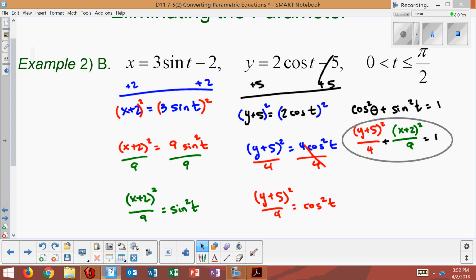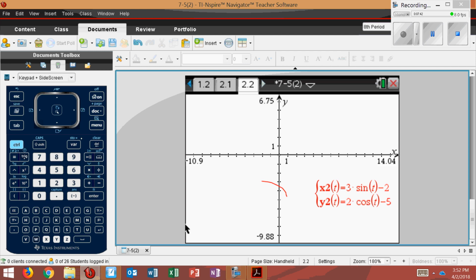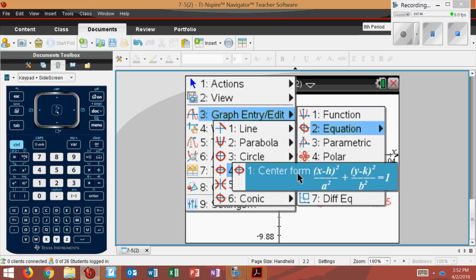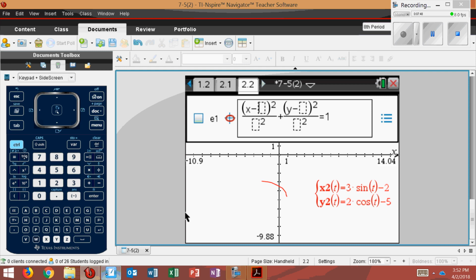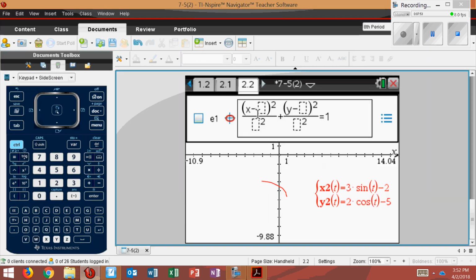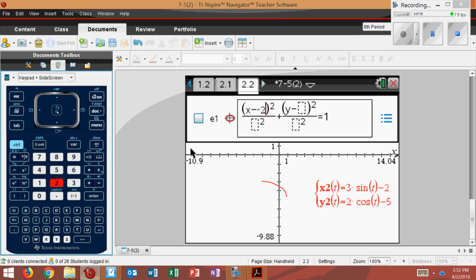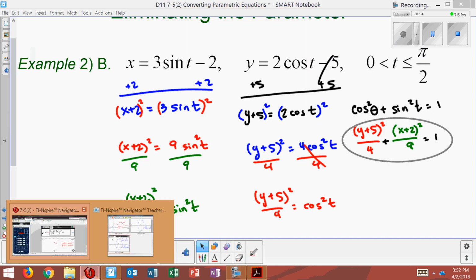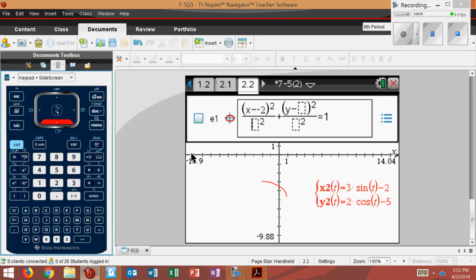It's a positive here. So I come back over to my graph. I'm going to go menu, graph entry, equation, choose an ellipse. And notice they were going to put the x first. So we come over here, and it's x plus 2. But this does not have a plus, so you're going to do a minus 2 there, because a minus of a negative makes it positive, over. And instead of 9, they have a square there. You could put 3, or we can just do square root 9, like this.